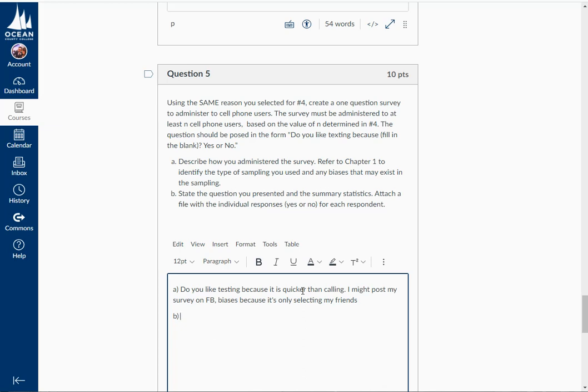Next it says state the question you presented in the summary stats. I'm not really going to distribute this to 100 people. So what I'm going to say here is, n is equal to 100 people, and it turns out that x, which is the number of people who say they like it because it's quicker than calling, let's just say x ended up being 65.